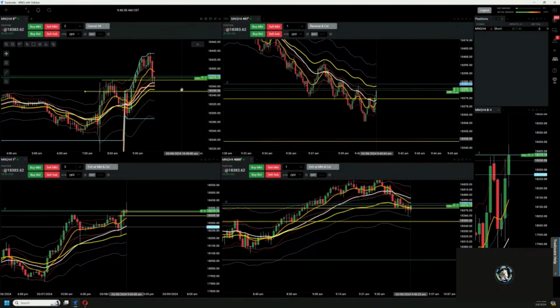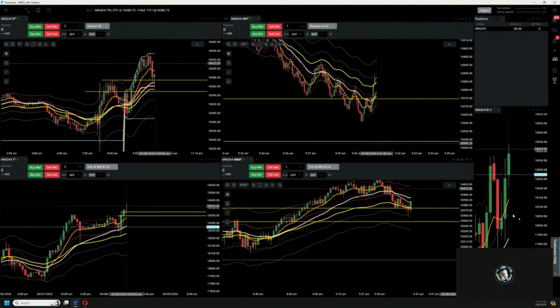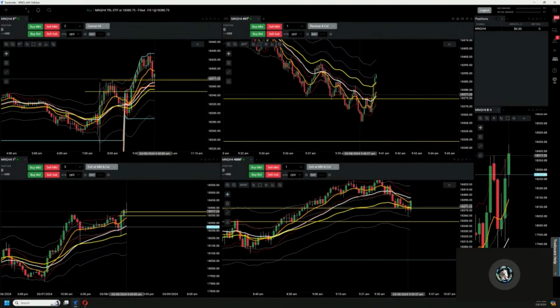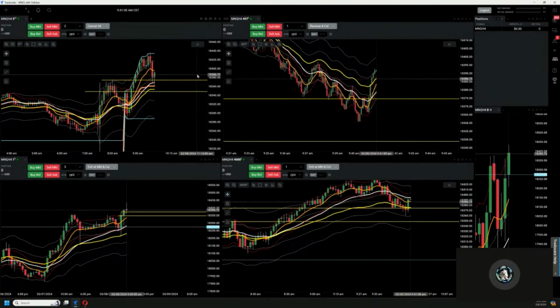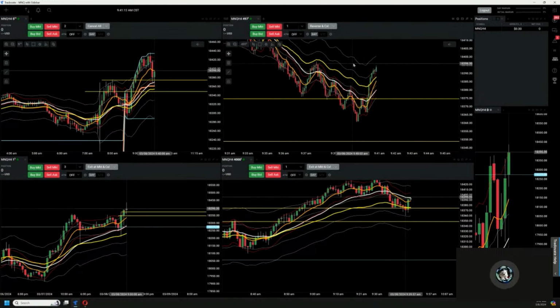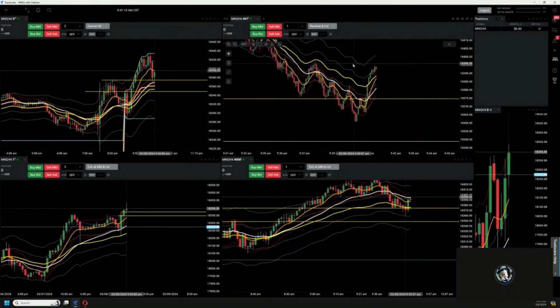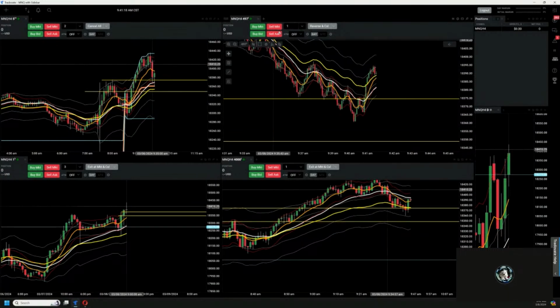Stop filled. Stop filled. Yeah. I'd call the bluff on this move up here. But I'm going to wait till it gets to 50%, probably right around 4. We'll wait for this level here, right around 400.